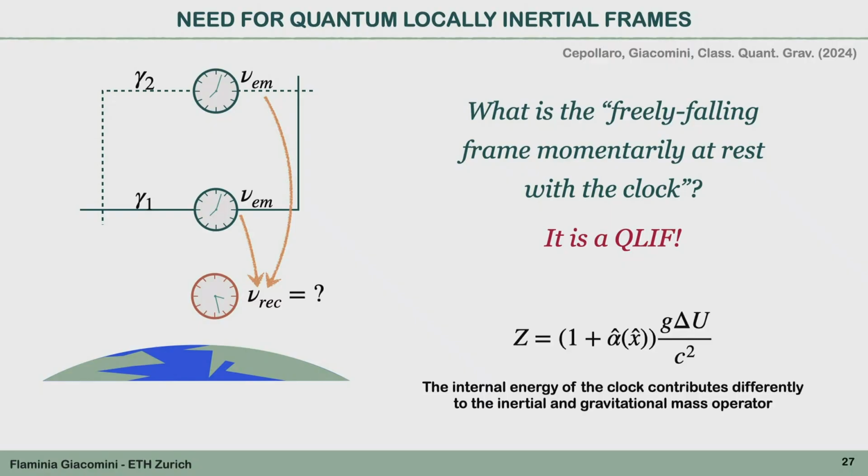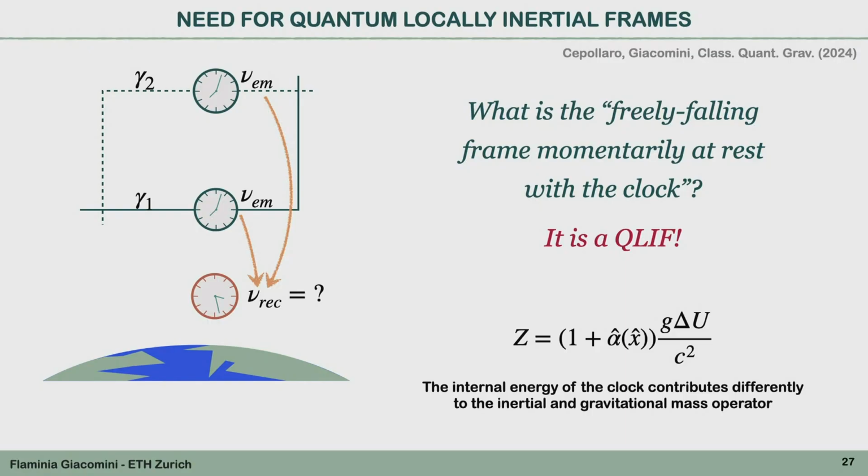And if we do that, the calculations are very nasty, so I will not show them. But the bottom line is that the Z operator, that remember was the difference between the emission and reception frequency, and had a parameter of violation that we called alpha, becomes an operator that acts both on the internal degrees of freedom of the clock and on the external degrees of freedom of the clock.